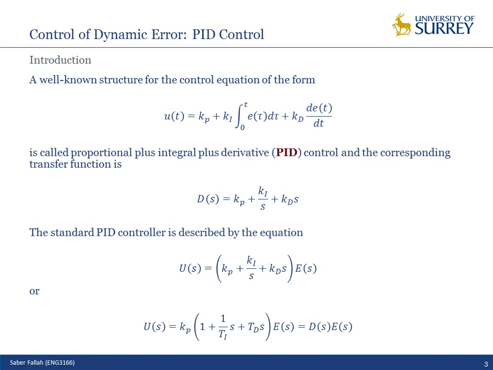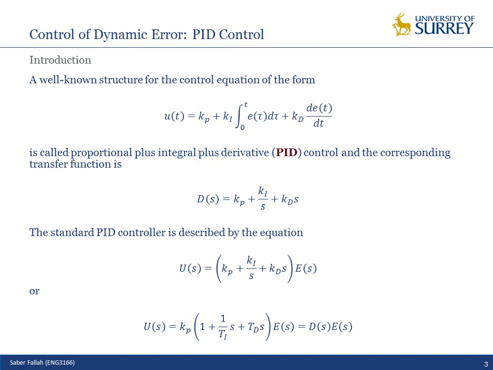This is the mathematical formulation or representation of the PID controller, but in industry, we represent U(s) by factoring out Kp as 1 plus 1 over Ti s plus Td s.